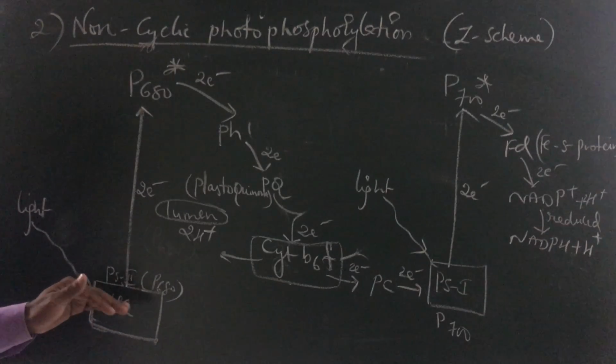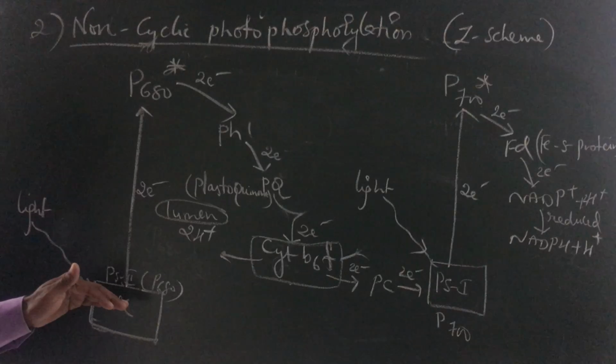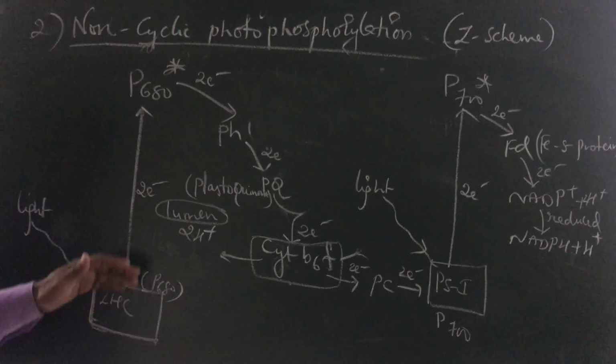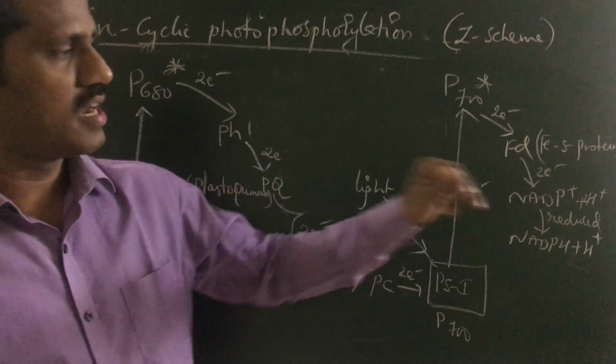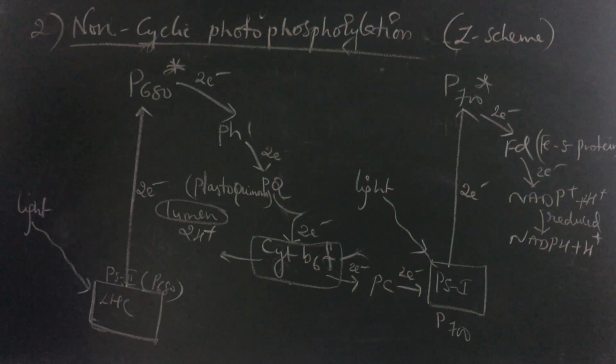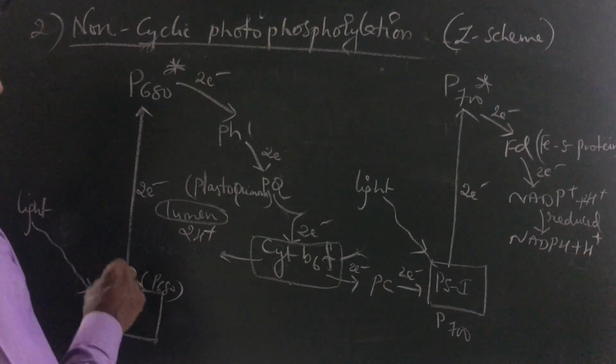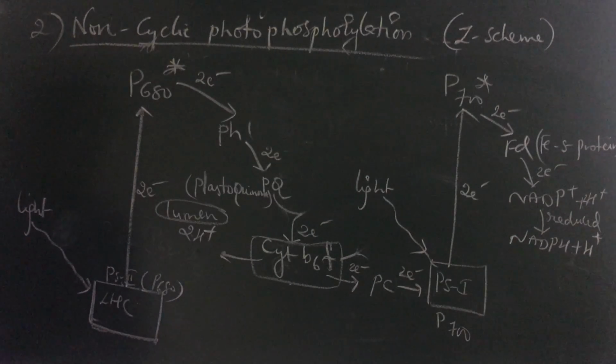So photosystem 2 loses its 2 electrons, which finally reach the NADPH and H plus. Okay. So who will compensate these electrons?